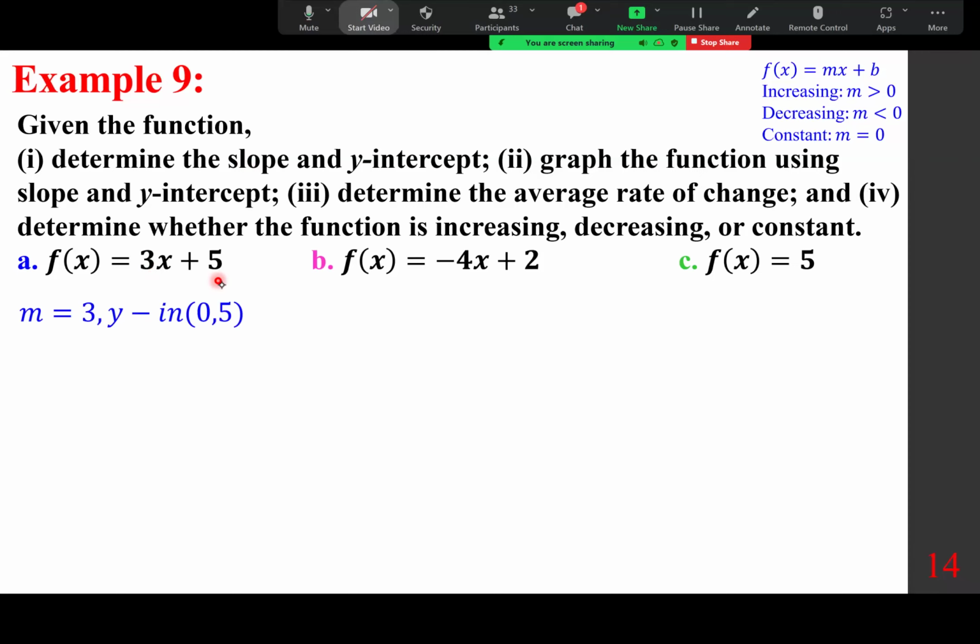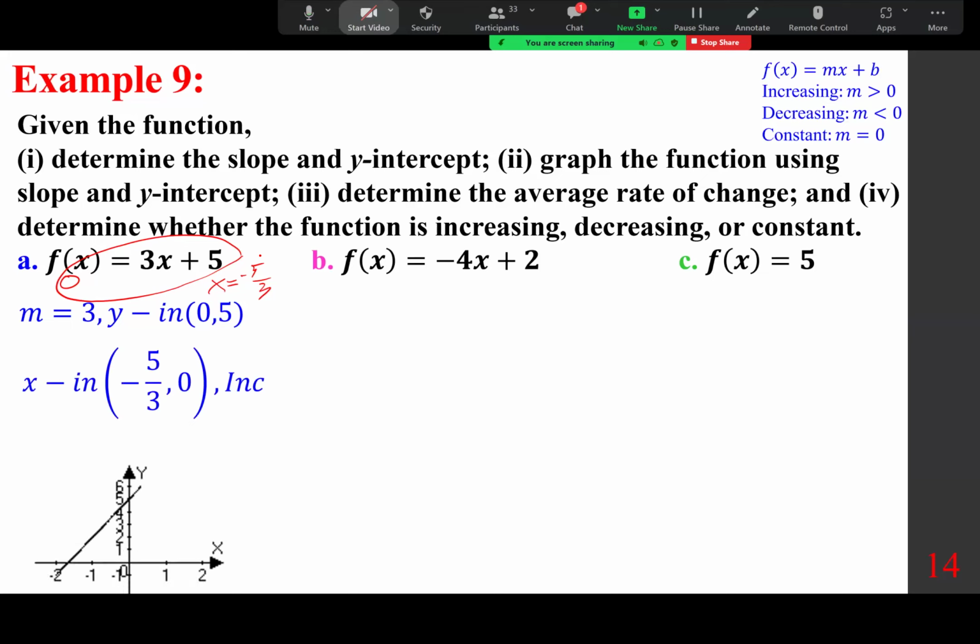And we can find the x-intercept. If you set this one equal to 0, okay, I hope you see that x becomes -5/3. I hope nobody has any problem calculating this fast. And it's an increasing function because the slope is positive, +3.